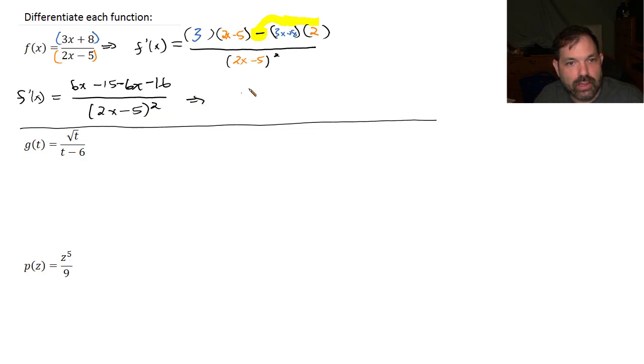Alright, so then cleaning this up just a little more, f prime of x, I have 6x minus 6x, that's 0. Negative 15 minus 16, that's negative 31. So I'll write negative 31 over 2x minus 5 squared. That's what I'll write.